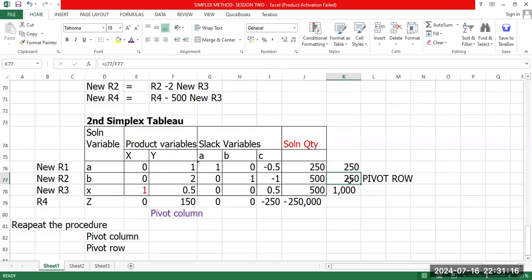In such a scenario, you choose where you still have the slack variable. If you have slack variables on both, and in the question they are not clear, then choose any. But if they are clear, if they have specified the constraint, choose the row with that constraint, like what we have done. I hope I have communicated.